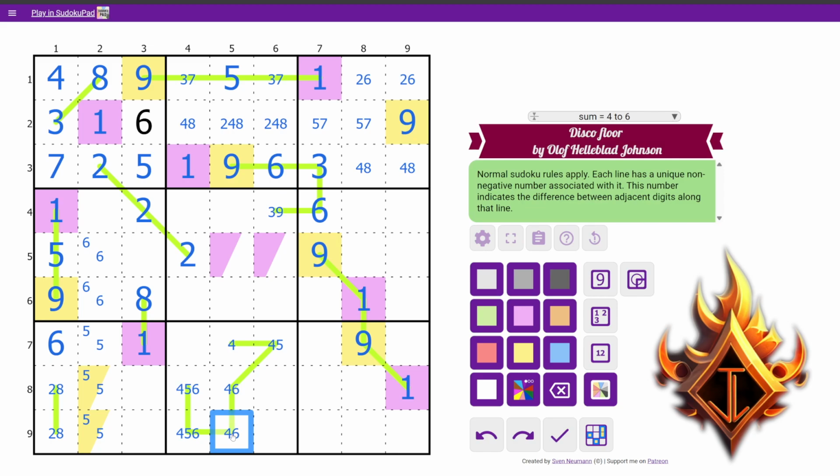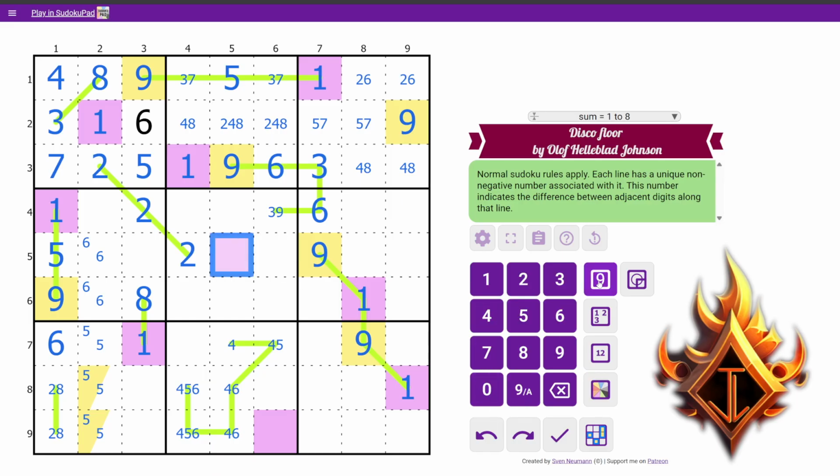This one cannot be pink. Neither can this. So that one is. That'll take that pink out of there. It'll put it there. Those two are 1. Which means 2, 3, 4, 5, 6, 7. Which means the 7 has to go on this line somewhere as well.